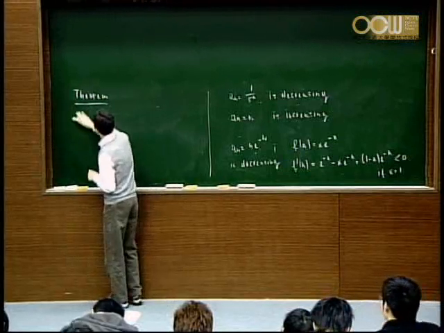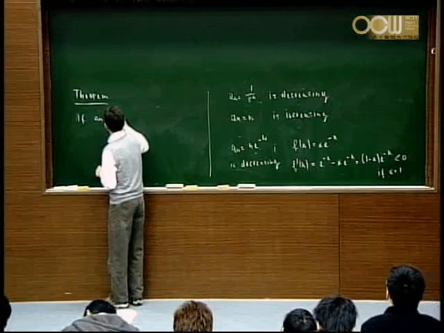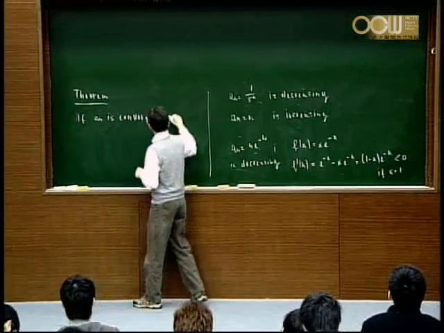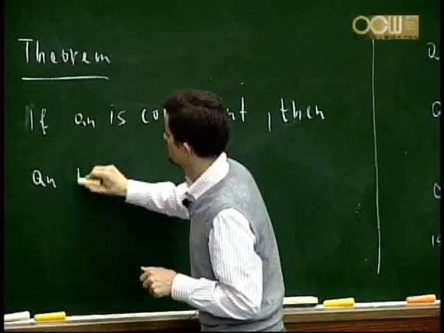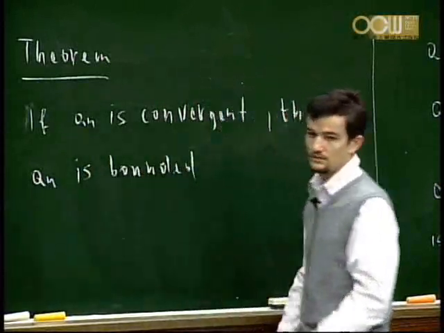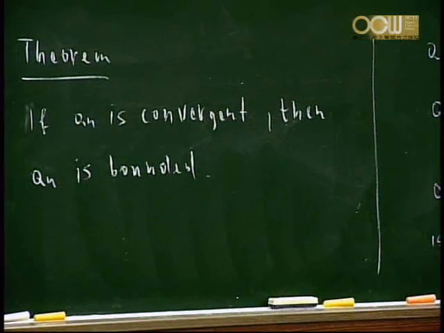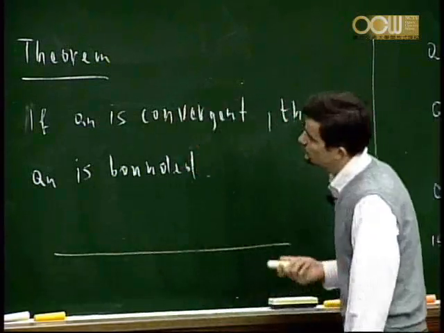Every convergent sequence, so if a_n is convergent, then a_n is bounded. Okay, so this is always true: if you have a sequence which is convergent, such a sequence will always be bounded. I'm not going to prove it precisely. You can try to prove it precisely.